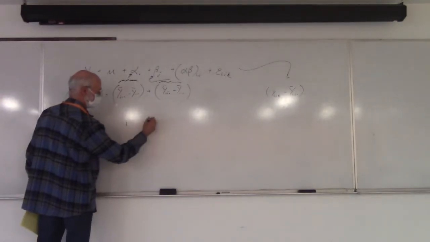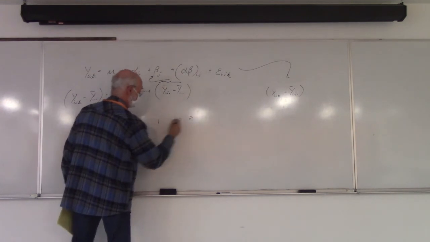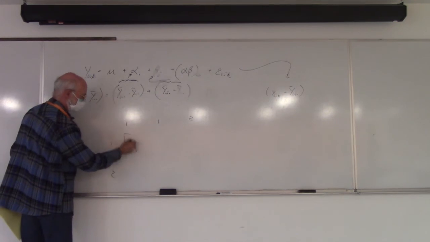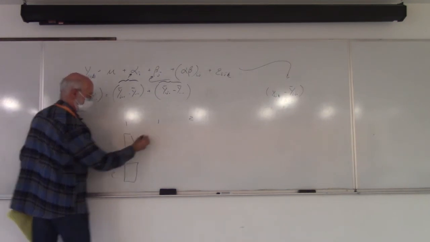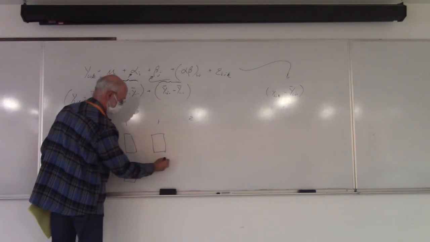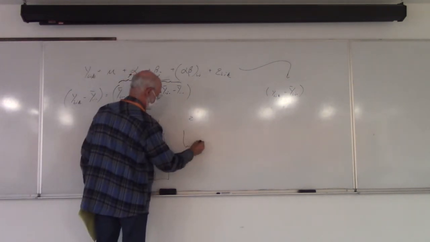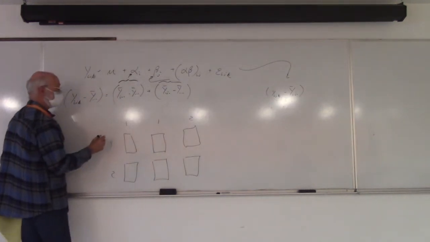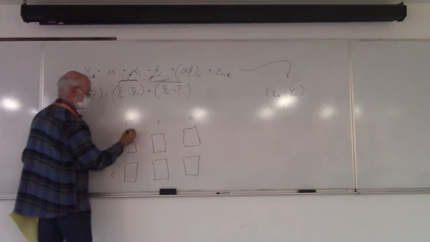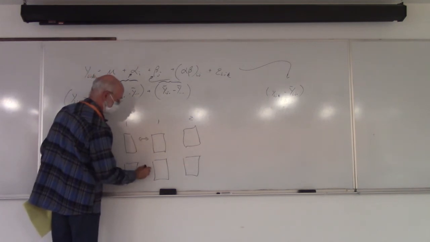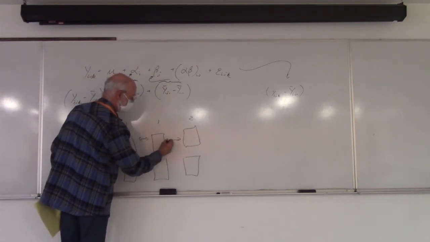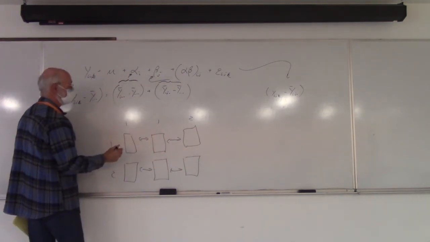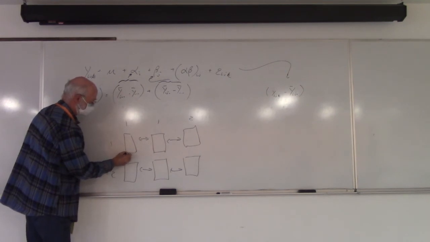We had fertilizer levels 1, 2, and 3, and seed types 1 and 2, or A and B. So what are we doing? For alpha, we're comparing fertilizer levels. So we're looking at that variation. For betas, we're looking at that variation.